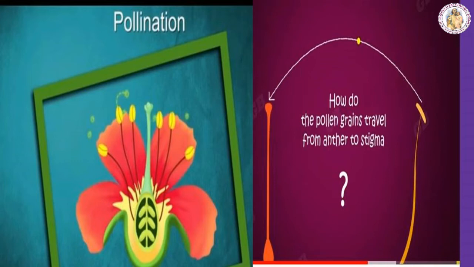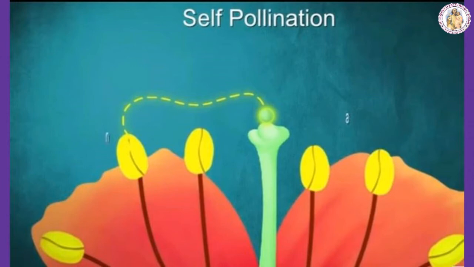New varieties of plants are formed through the combination of genes in the case of cross pollination. What is meant by cross pollination? It is one of the types of pollination. The types of pollination are self-pollination and cross-pollination.